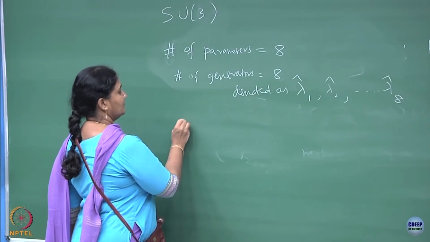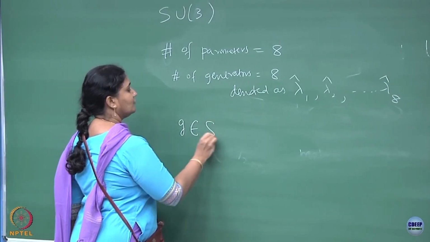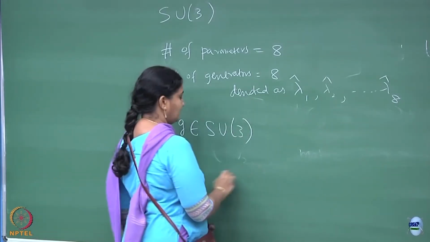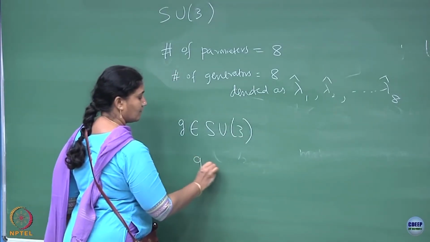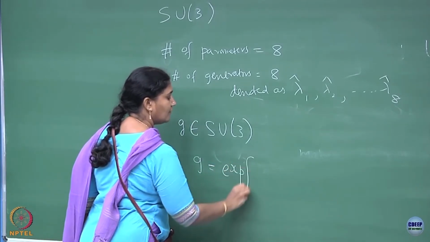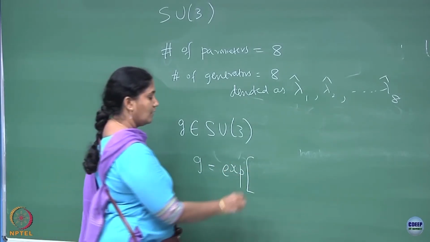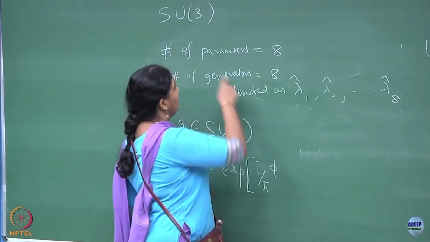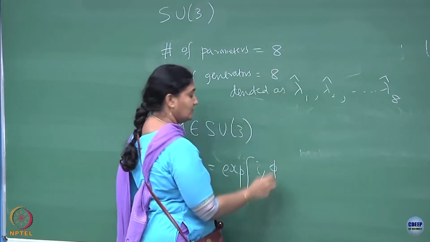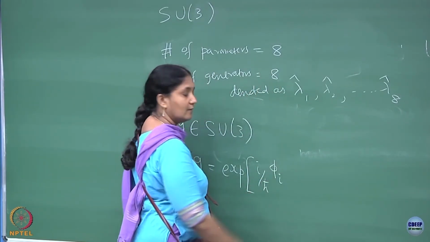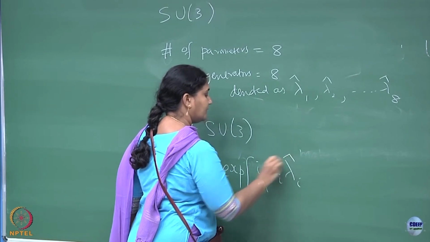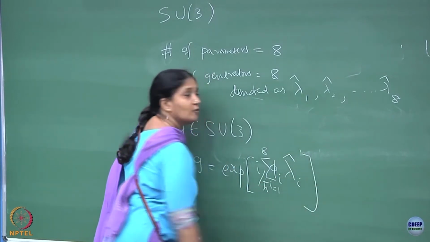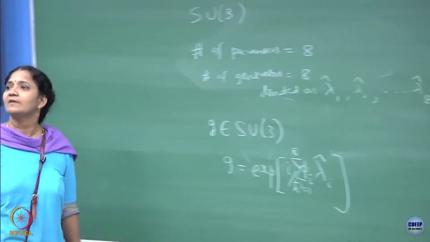Any element G belonging to SU3 will be rewritable as exponential of i by h cross phi_i lambda_i hat, summation over i going from 1 to 8. Are you all with me? That's the model.